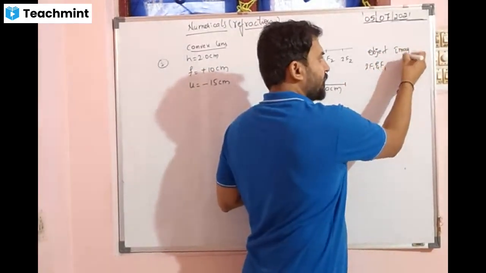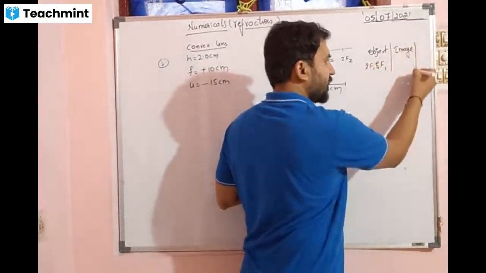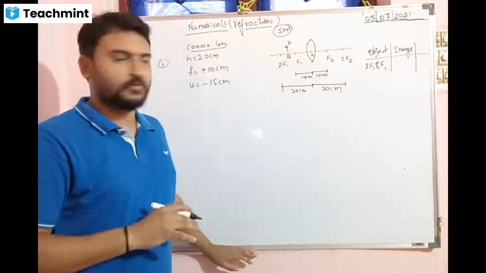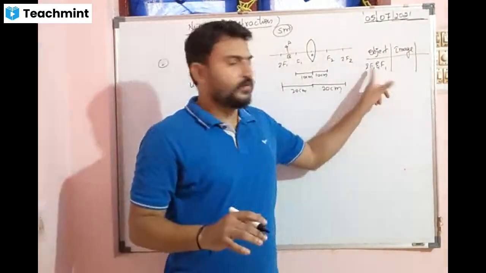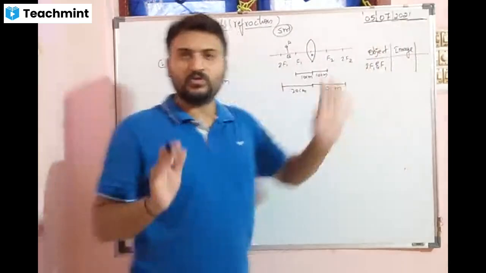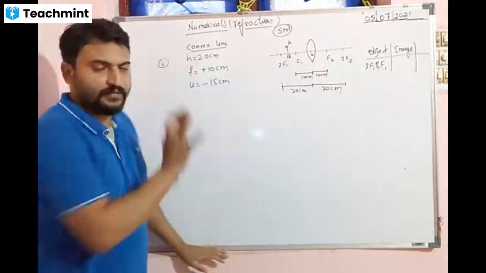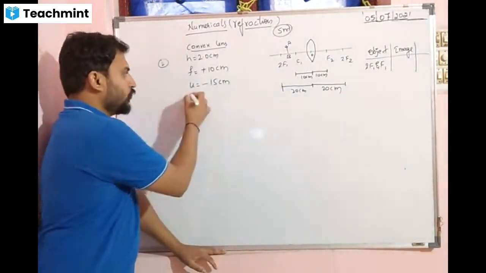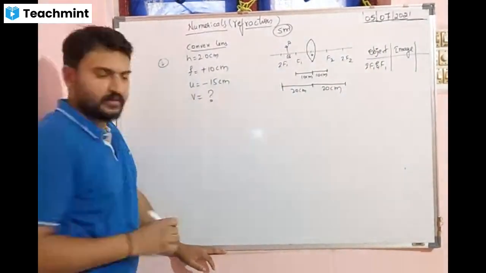So look at the table. Don't tell anything now. We will verify that with the table also. If the object is between 2F1 and F1, where should the image fall? Let us see with the help of this formula. Tell me what is the formula? We have to calculate where the image will be.